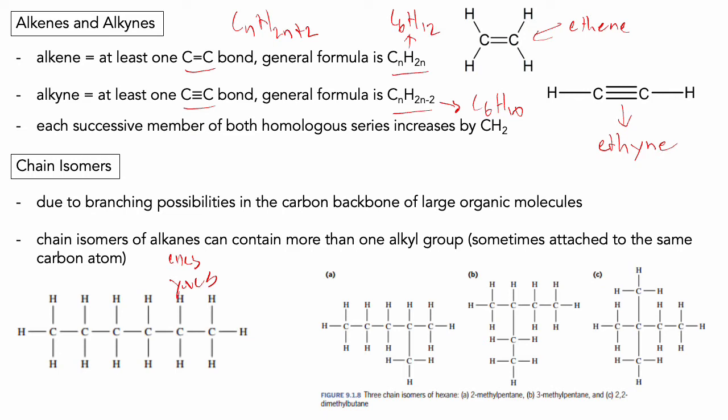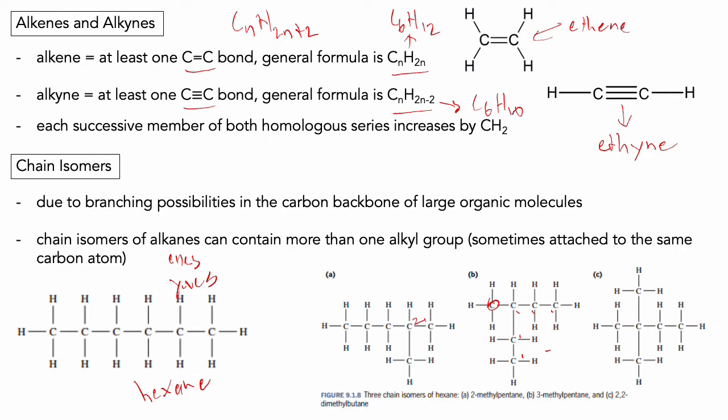So here we have hexane on the left, and here are some isomers, different ways to arrange that carbon backbone. On the left here, 2-methylpentane, that's 1, 2 carbon, 2 methyl. And here we have 1, 2, 3, 4, 5, so we're looking at pentane again, and we have one methyl group off the third carbon, so that's 3-methylpentane here.